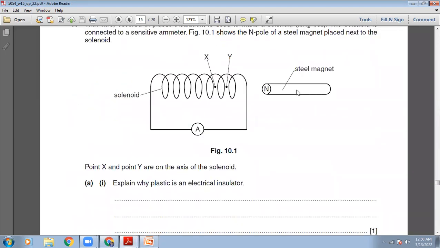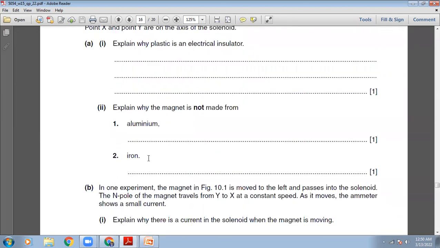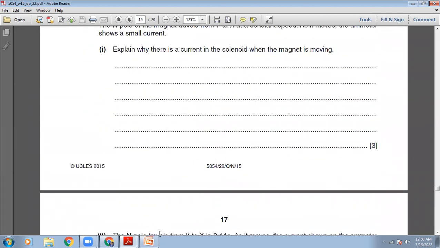You see, when you move this magnet towards the left from Y to X, the steel magnet is moving relative to the coil. So when the magnet is moving relative to the coil, the magnetic flux passing through the coil will change. Due to the changing magnetic flux passing through the coil, an EMF is induced in the coil, and the current will start flowing in the coil. It's a 3 marks question.